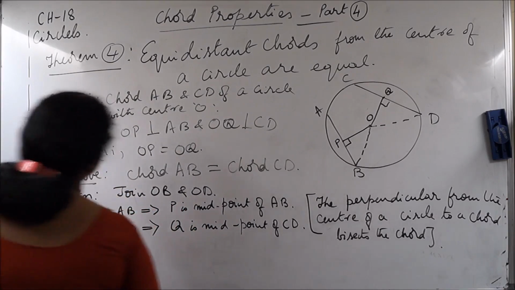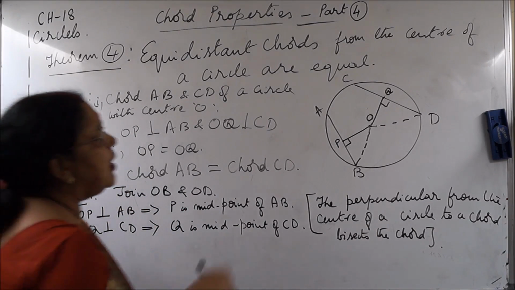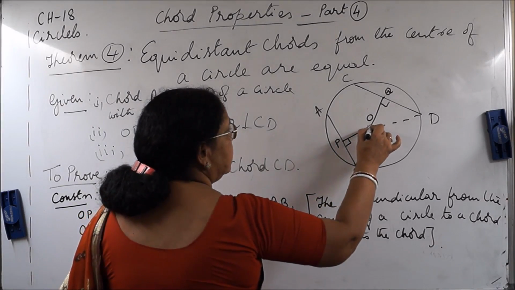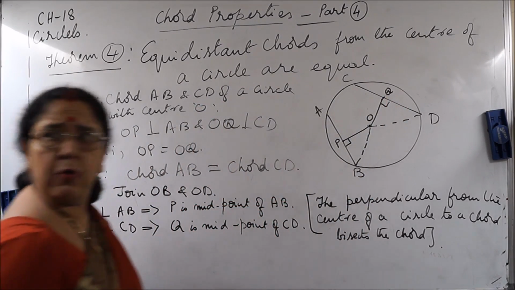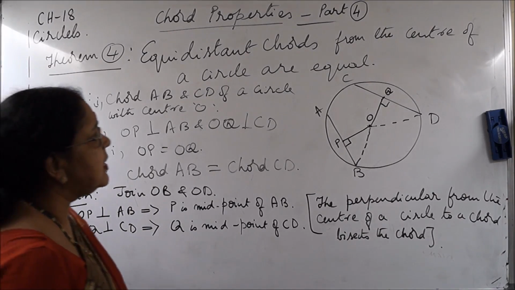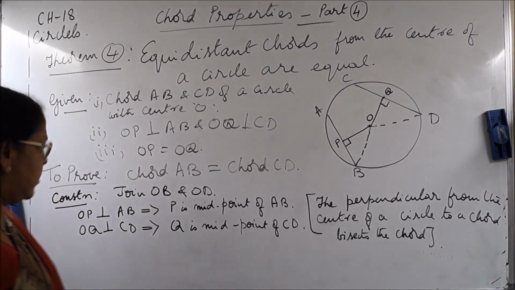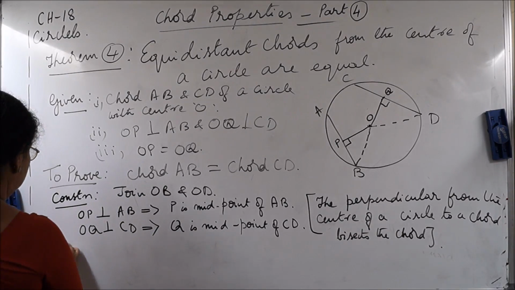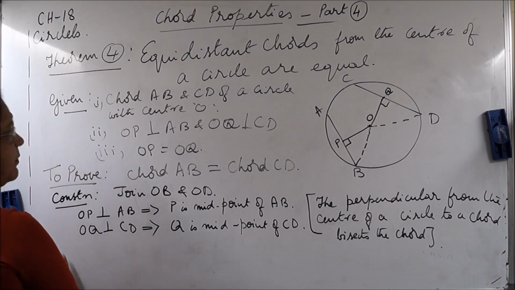Now, we also know that they are equidistant. So from that we know that OP is equal to OQ because it is given to us that they are equidistant chords. So now let us prove that these two triangles are congruent.